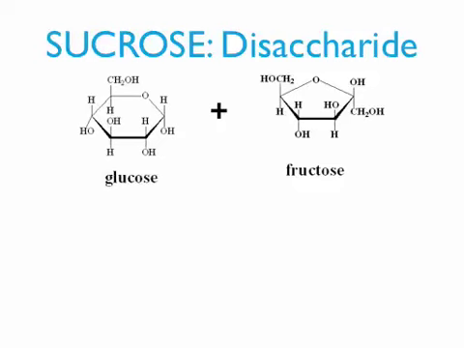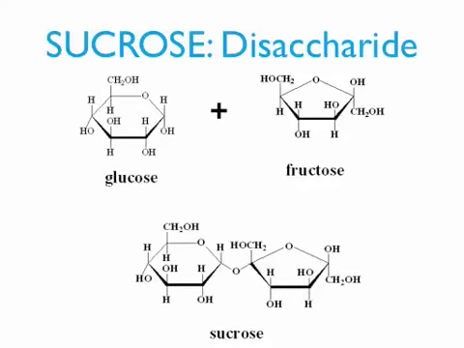Have a look at the glucose molecule on the left, locate the carbonyl carbon, which is the rightmost carbon in the ring. It's bonded to a ringed oxygen and a hydroxide group, and the hydroxide group is on the opposite side to the methanol group at the top. Alpha is opposite, so we have alpha glucose adding to fructose.